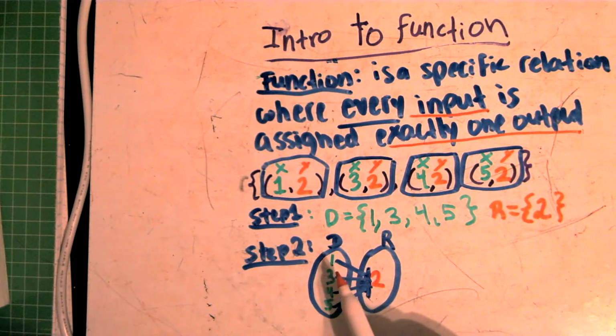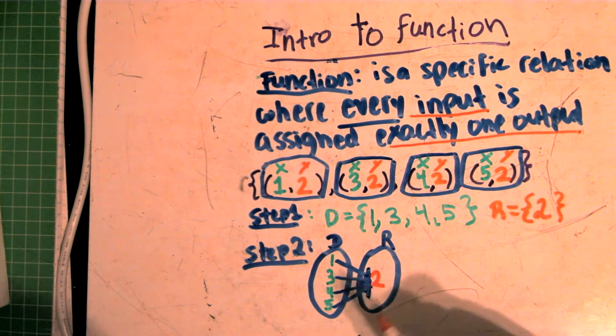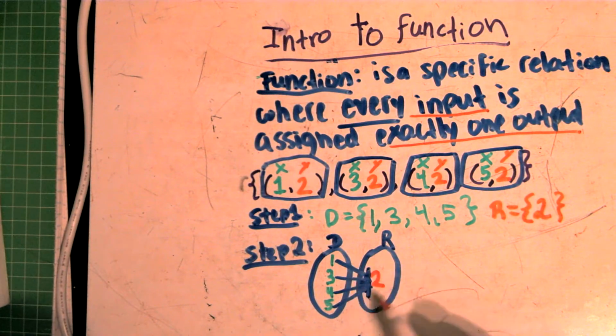So if we check, 1 is assigned only 1 output, 3 is assigned only 1 output, 4 is assigned only 1 output, 5 is assigned only 1 output. It doesn't matter that they're all assigned to the same output. What matters is that every element in the domain is assigned exactly 1 output.